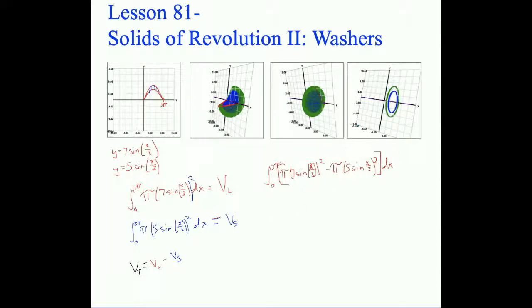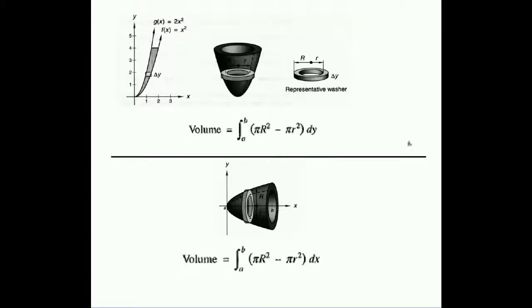So what we can notice is, we'll jump to this next slide. Let's look at this bottom one first because it's wrapped around the x-axis. The volume is going to be pi capital R, that means the larger radius, squared minus pi r squared dx. And then looking at this top one, this would be if our curve is rotated about the y-axis.